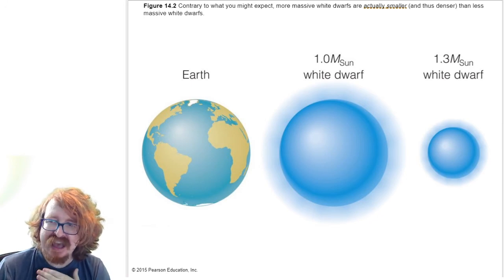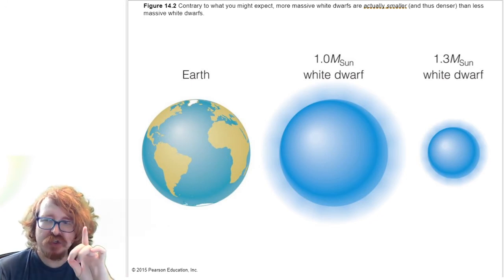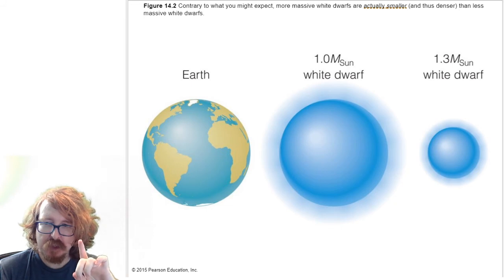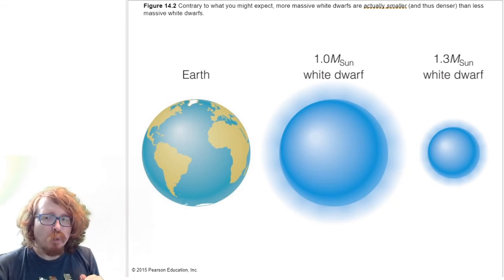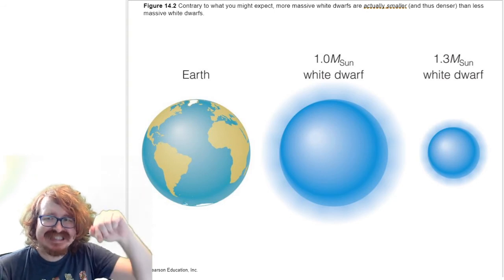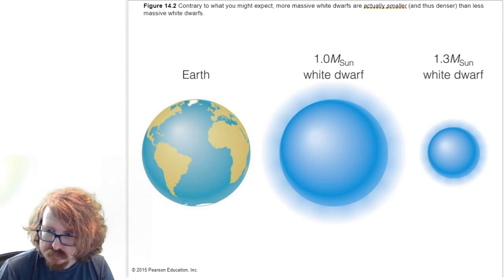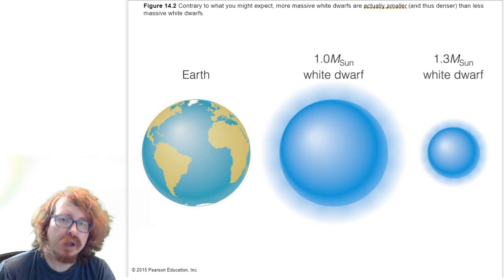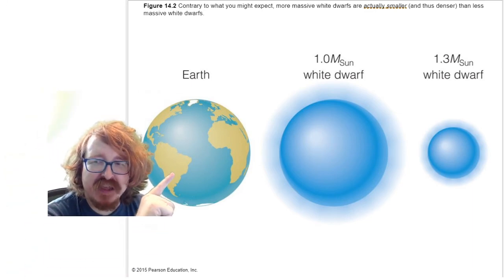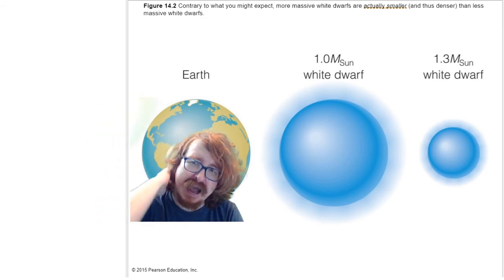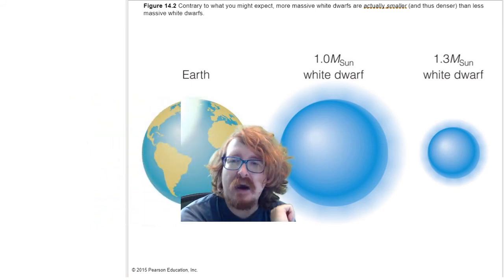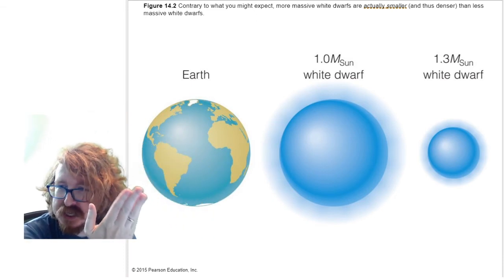Now, when our sun dies, would we expect our white dwarf to be bigger than the Earth or smaller than the Earth? Let's see if we can figure that out. Or the same size as the Earth?